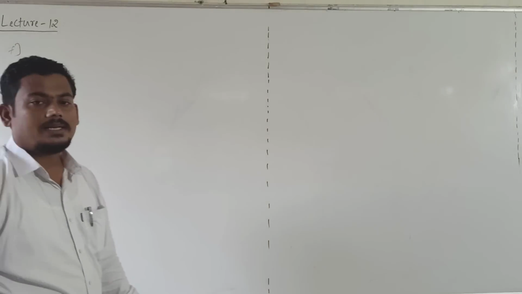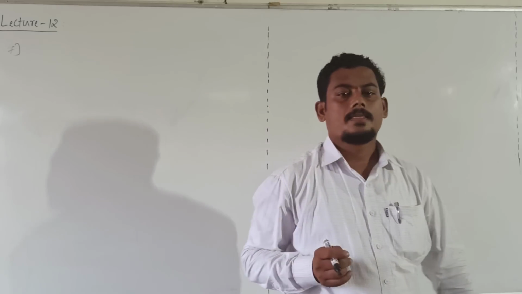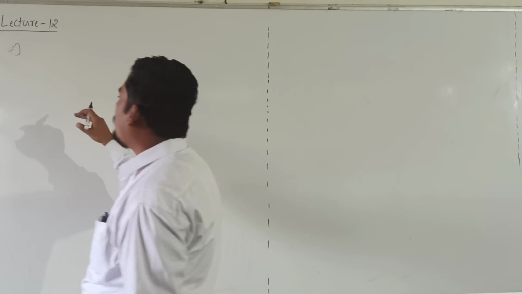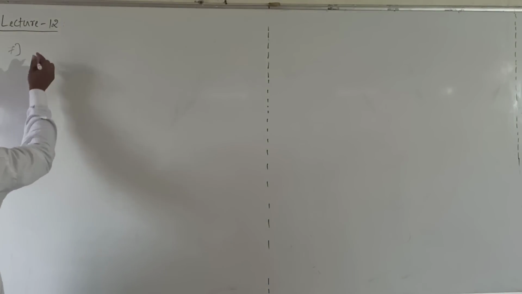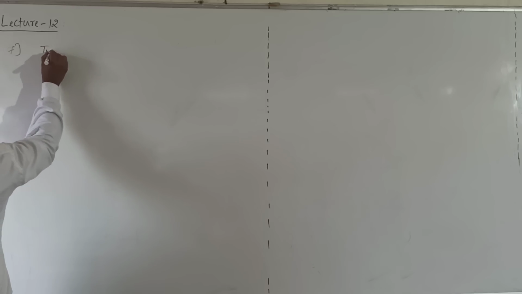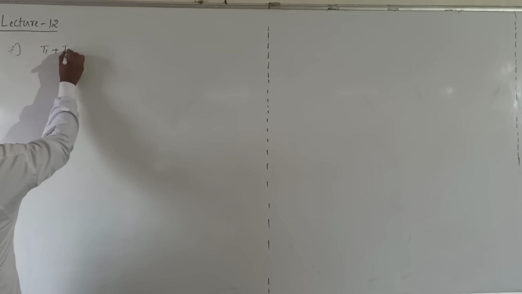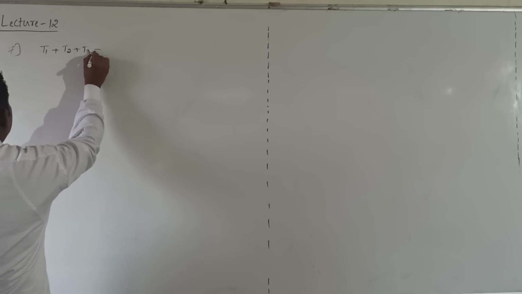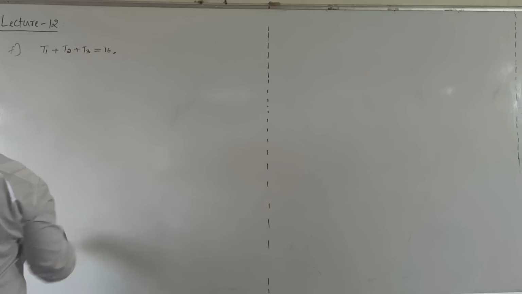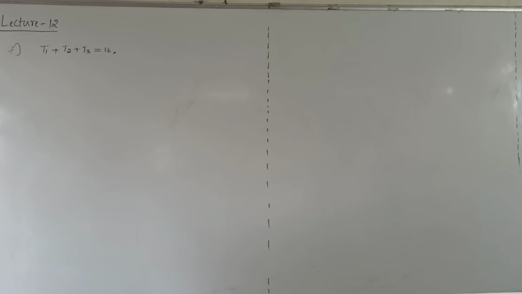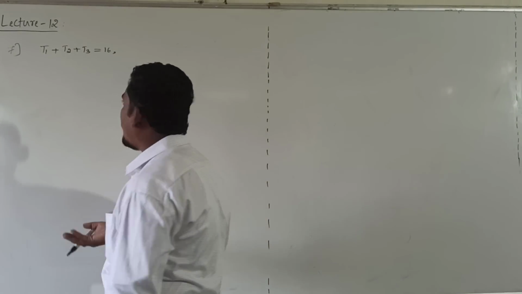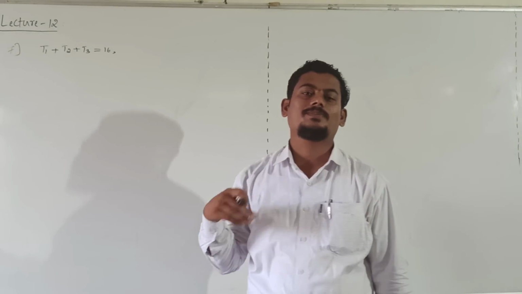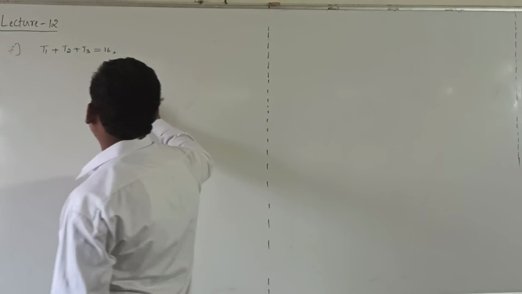What have they given? Sum of first 3 terms is 16, which means T1 plus T2 plus T3 is equal to 16. The sum of the next 3 terms after 3, meaning the 4th plus 5th plus 6th, is also given.